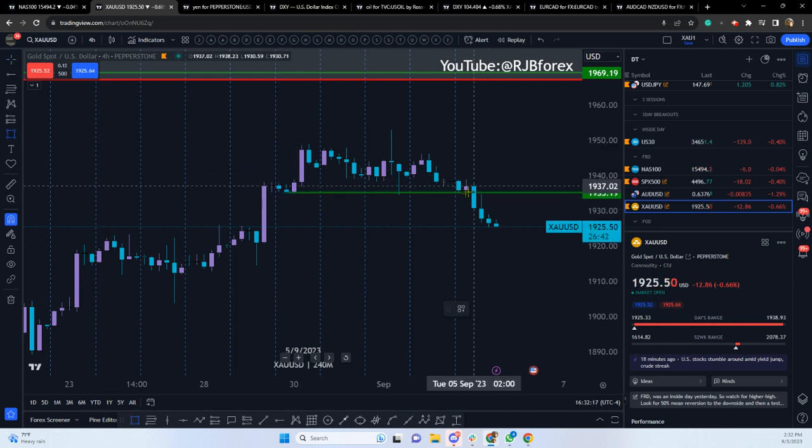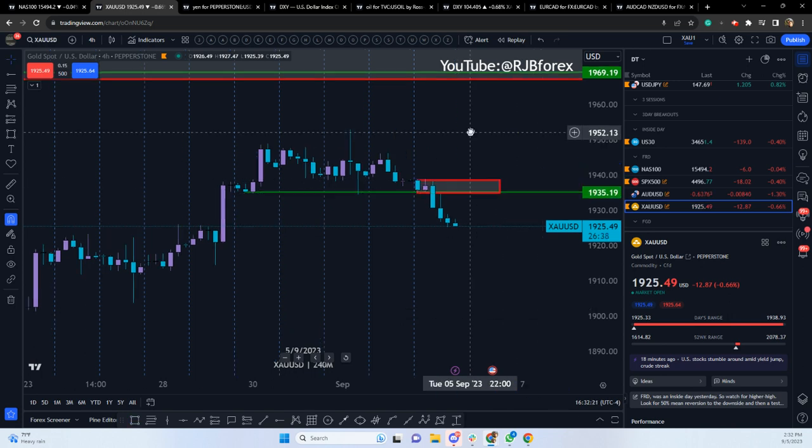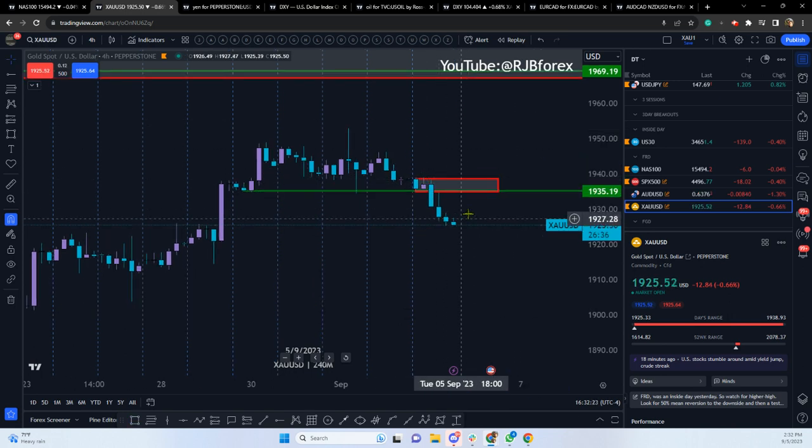So this would be regarded as a resistance area. We could come all the way up into here, potentially take it out, triggering stops that are probably placed above here, considering that's a strong move there. So perhaps stops below here, above here, maybe a move up to trigger those before coming down.